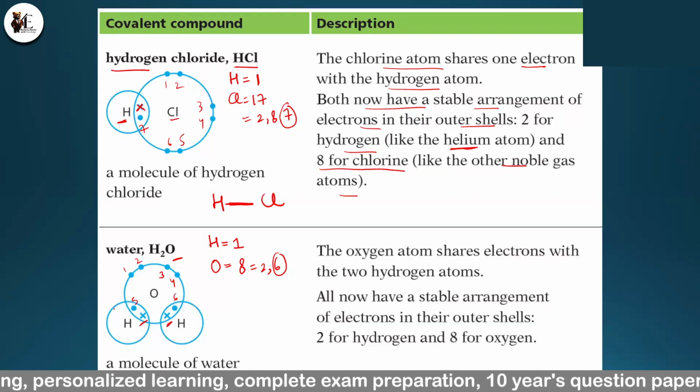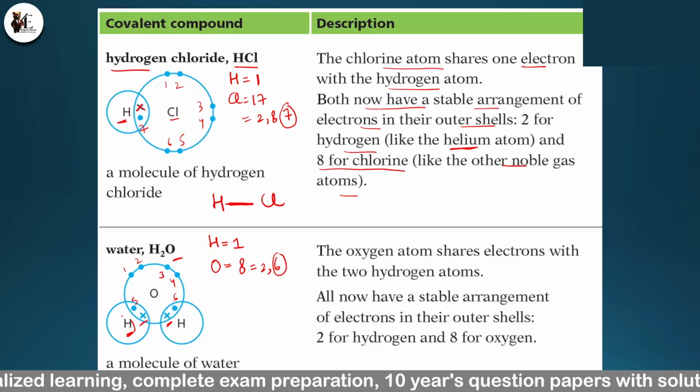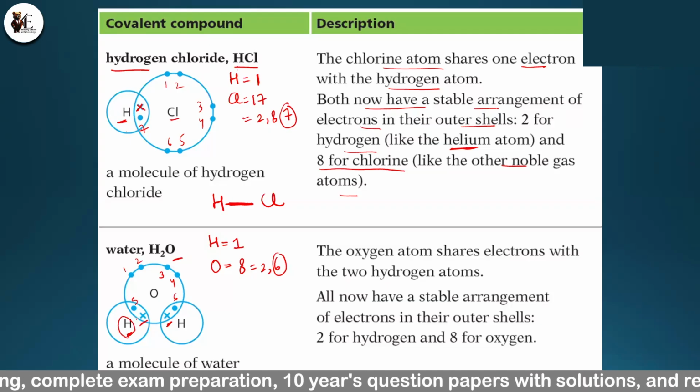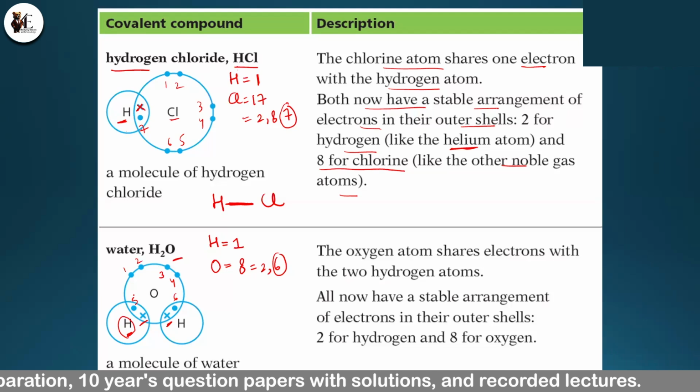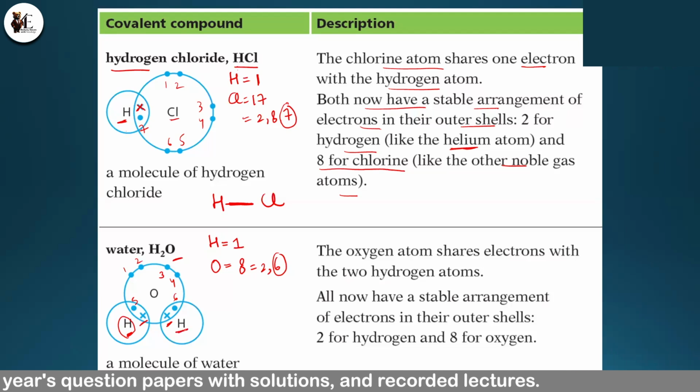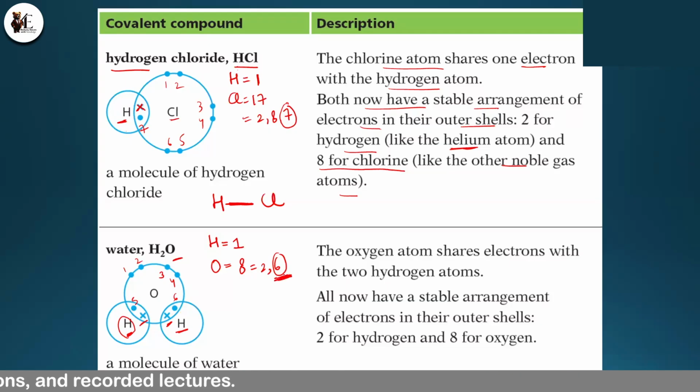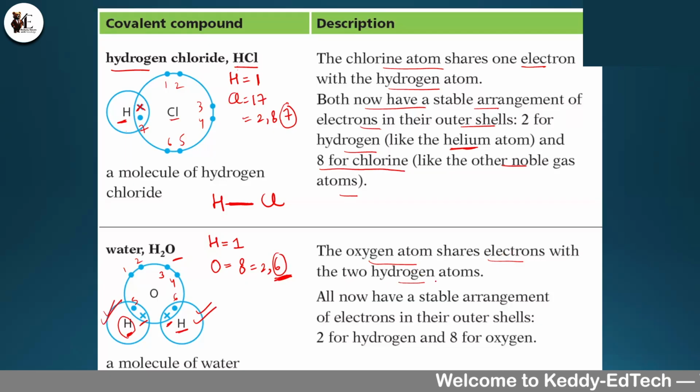So hydrogen shares 1 electron. This hydrogen shares 1 electron of oxygen to become 2 electrons, to complete the duplet. And this hydrogen also shares 1 electron of oxygen. And oxygen needs 2 electrons to complete stability, right? So it shares 1 electron of this hydrogen and another electron with this hydrogen. So the oxygen atom shares electrons with the 2 hydrogen atoms.